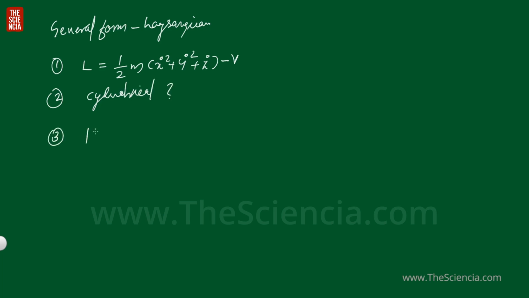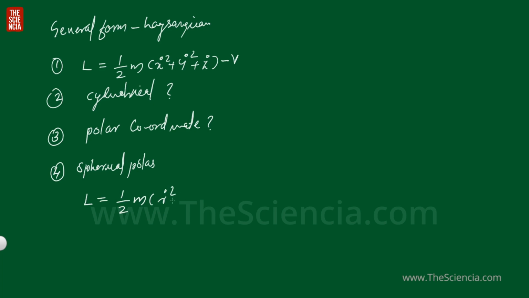And what is for polar coordinates? Are you remembering? And what is for spherical polar coordinates? For spherical polar coordinate, I tell you, L is equal to half m (r dot square plus r square theta dot square plus r square sine square theta phi dot square) minus v.